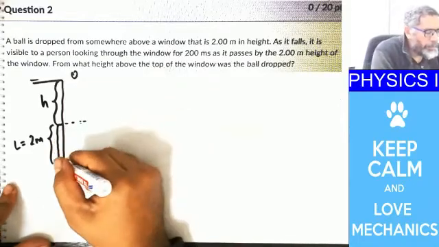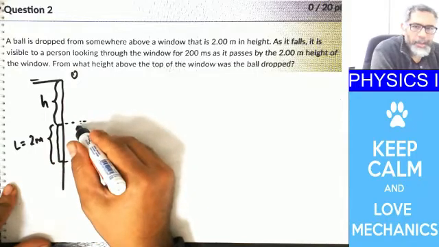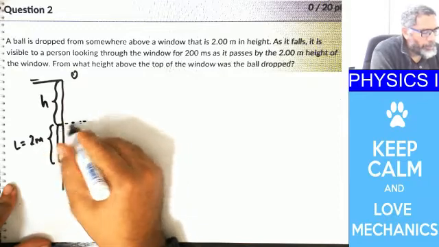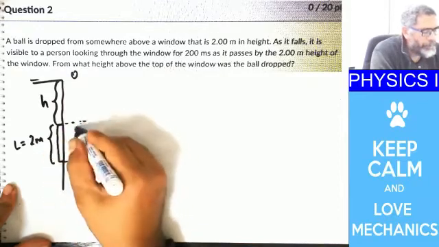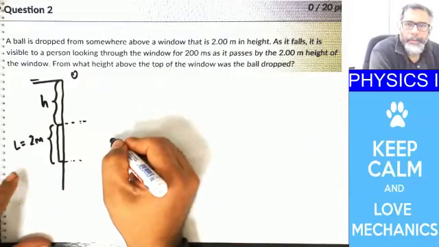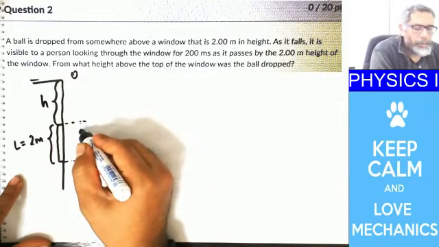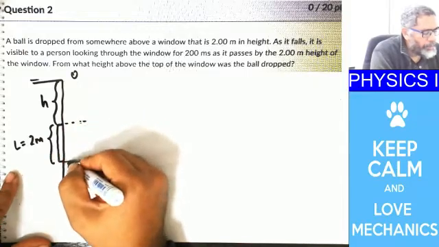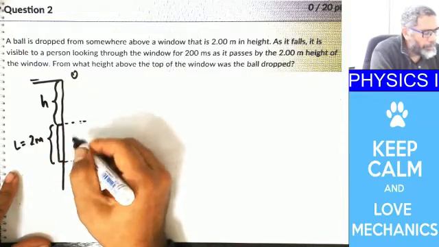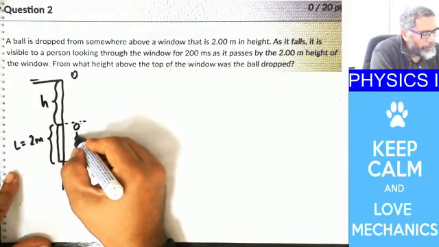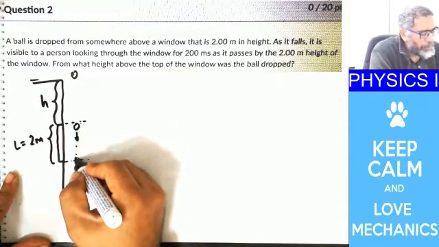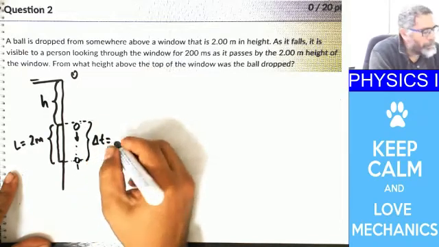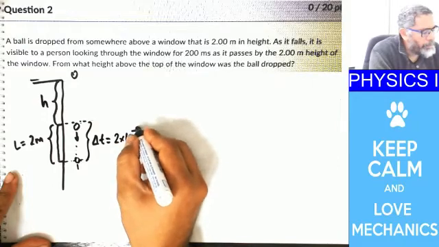And the problem says that the ball just passes the cross section, or the projection of the window, in 2 milliseconds, right? Because it says that it is visible for only 2 milliseconds. So if you think that this is the portion of the window, the projection, the ball passes in an amount of time which is 2 milliseconds. 2 milliseconds is 2 times 10 to minus 3 seconds.